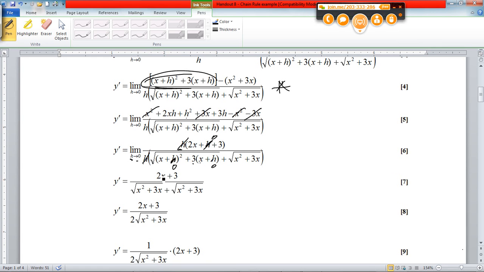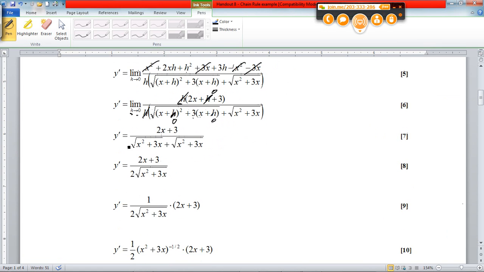On top, all I have is 2x plus 3. So here's the derivative. Notice these two square roots are the exact same square root, so I can combine them. That's one square root plus another one of the same square root. So that's 2 square roots of x squared plus 3x. Okay. All right. There's your derivative.